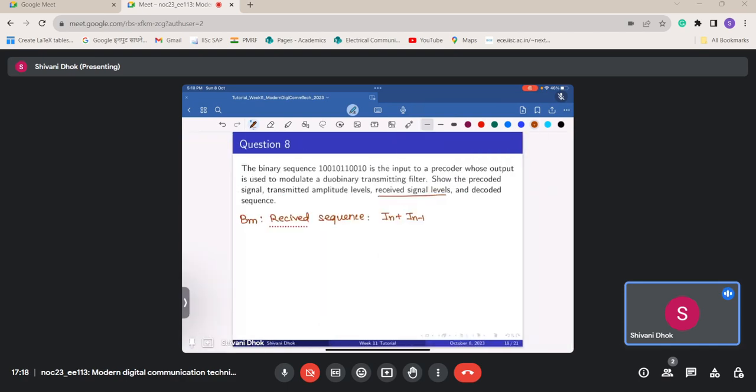And now the next thing is your decoded sequence. So your decoded sequence, let's say it's d hat n, and this is equal to 1 if your mod yn is less than 1, and it is 0 if your mod yn is greater than or equal to 1.